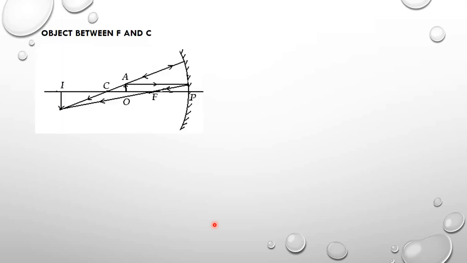Next, let us look into the next case where we have the object between F and C. Let us see how we can come up with the image here. First of all, let us draw our object at this point between F and C. From the top of the object, draw a parallel ray to meet the mirror surface, and then it is reflected through the principal focus.